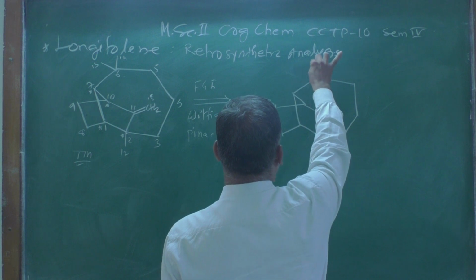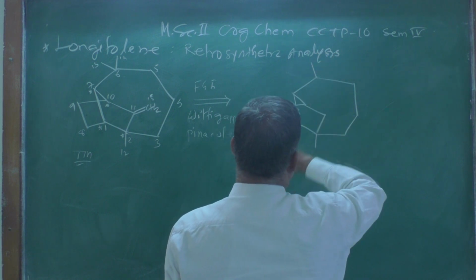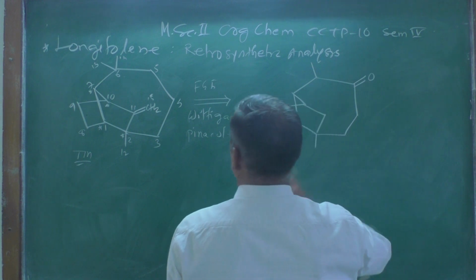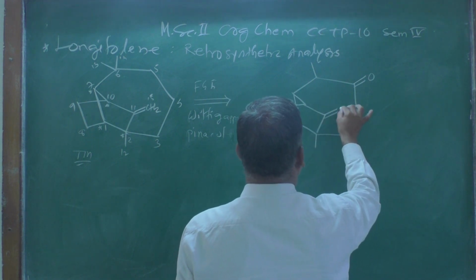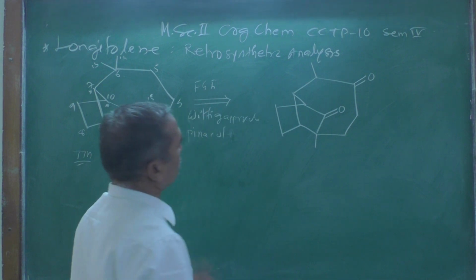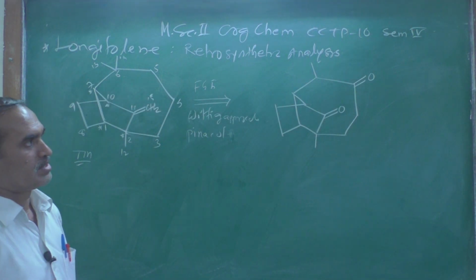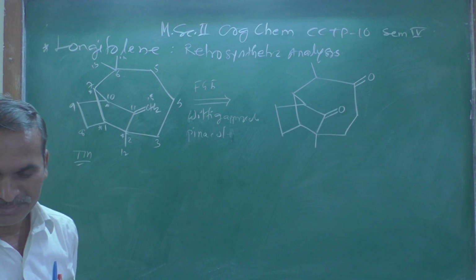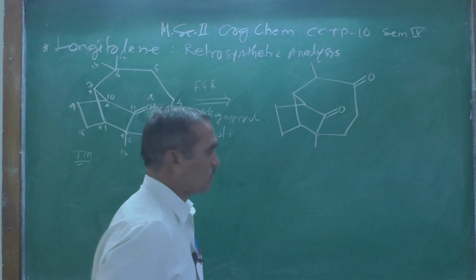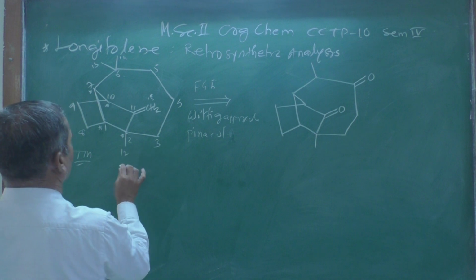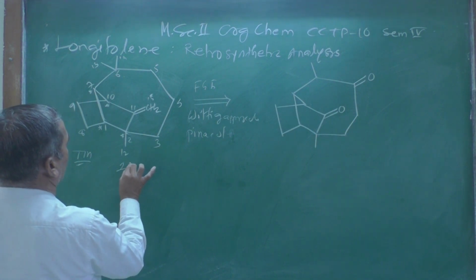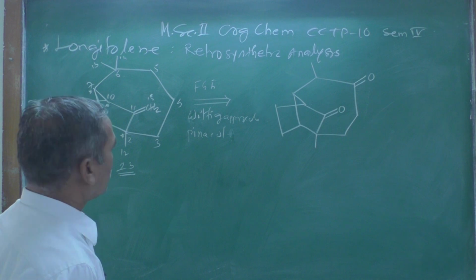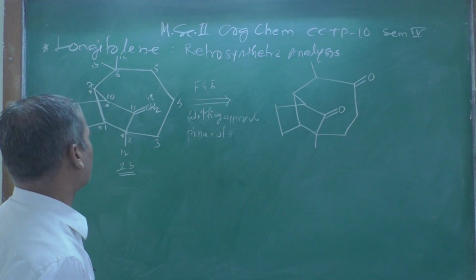Here only one methyl group is present, and here we are introducing a carbonyl group. Similarly, this carbonyl group is present over here, and this compound is compound number 23 which is given in the book, and this is a target molecule, suppose 23.